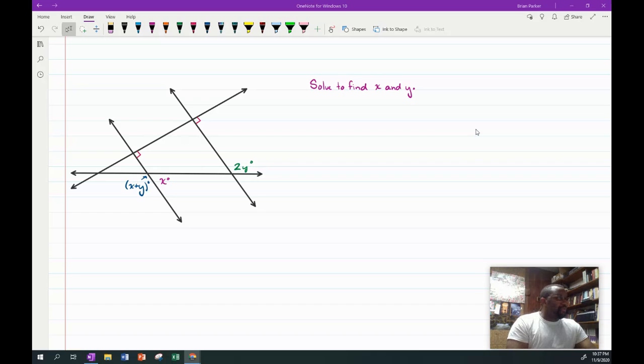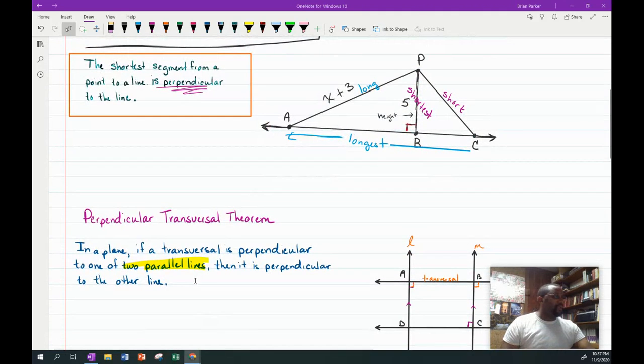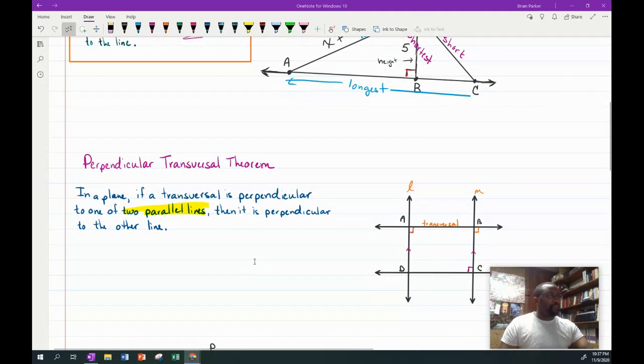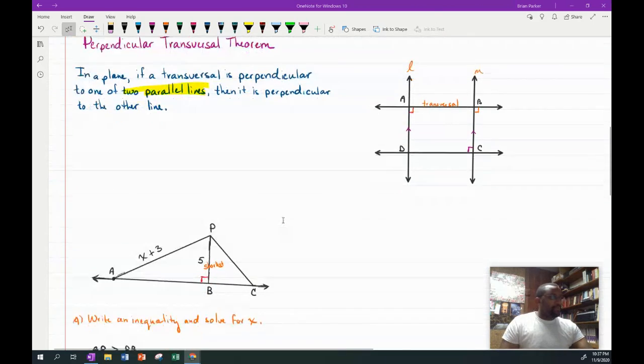We've got two perpendicular sections here. So this here is a transversal cutting through these two lines. And since these are both perpendicular, we've got the perpendicular transversal theorem that says, as we read before, if a transversal is perpendicular to one of two parallel lines, then it is perpendicular to the other line.